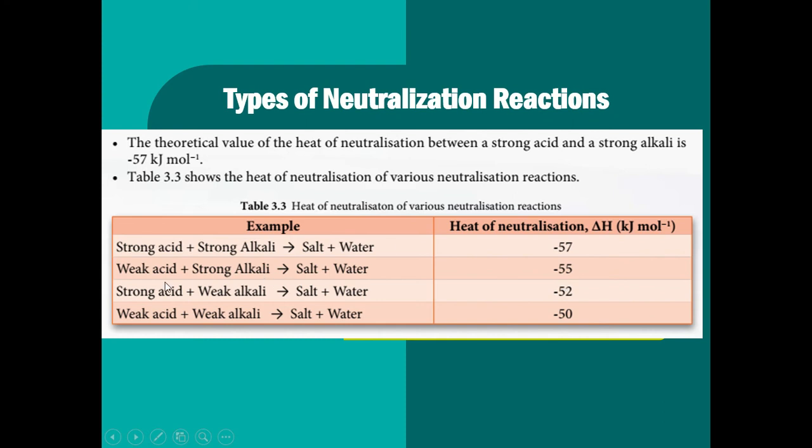Kalau tukar lagi guna strong acid tapi weak alkali, nilainya dah kurang lagi negatif 52. And of course between weak acid and weak alkali, the value of heat of neutralization is the lowest, which is negative 50 kilojoule per mole. Between lemah sama lemah, dia akan produce nilai delta H yang paling rendah. Between strong sama strong, nilai delta H paling tinggi.